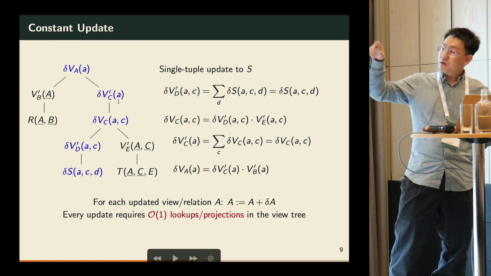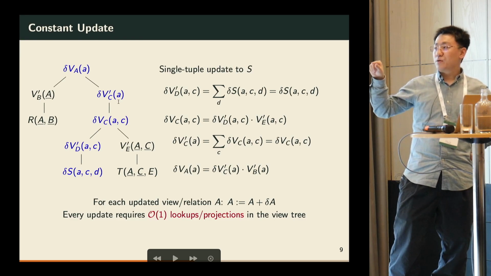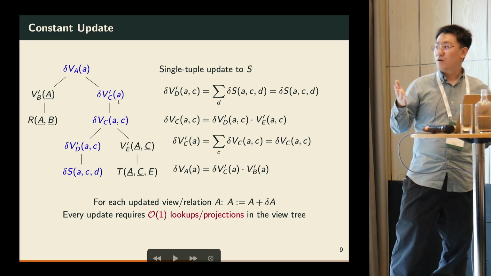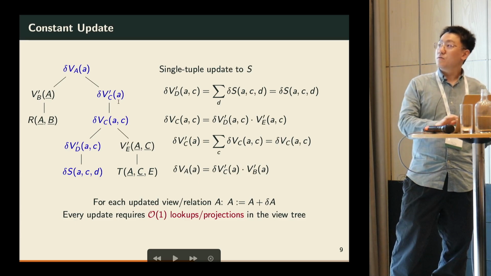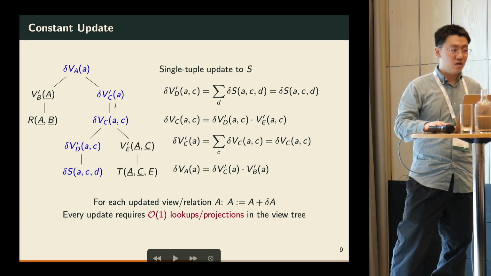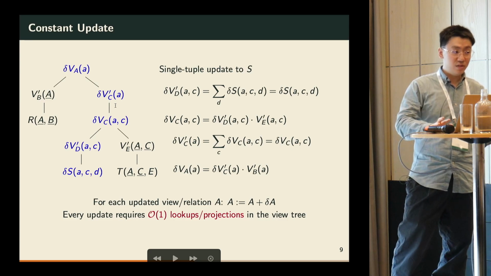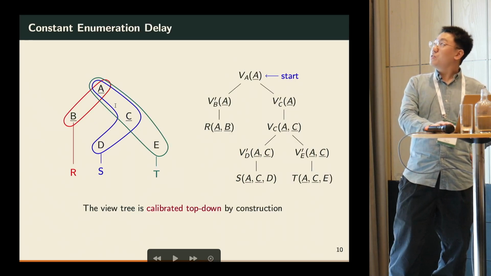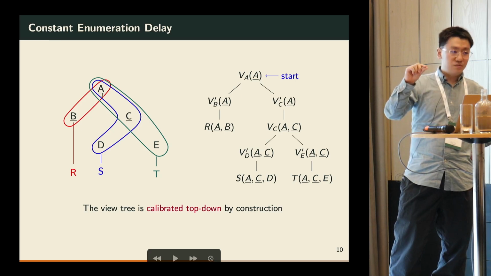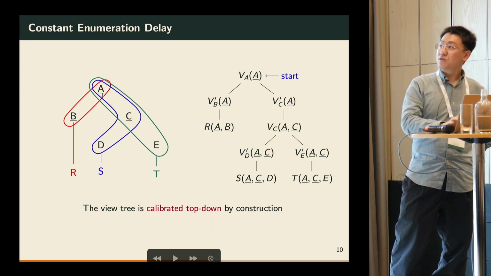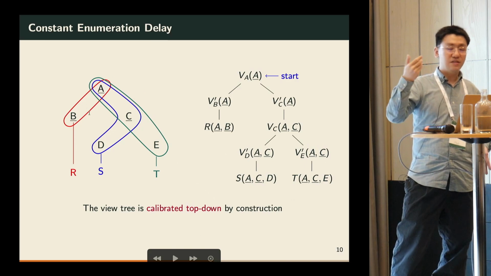For Q-hierarchical queries, every update requires only a constant number of lookups or projections in the view tree. So that's how we achieve a constant update time for this view tree. And then for enumeration delay, another property of Q-hierarchical is that the free variables, which are the variables that are in the results, should be connected at the root.